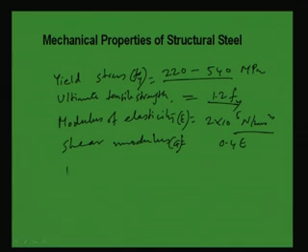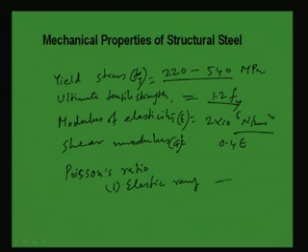And Poisson's ratio, that also is required sometimes to calculate different values, Poisson's ratio, right. For the elastic range we will consider Poisson's ratio as 0.3, and for the plastic range this is 0.5.